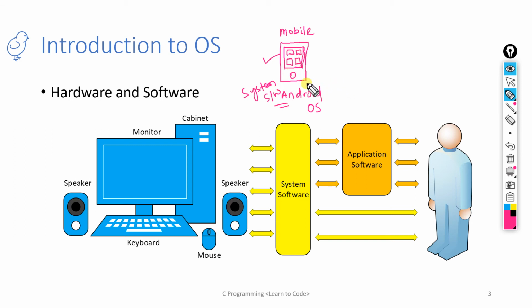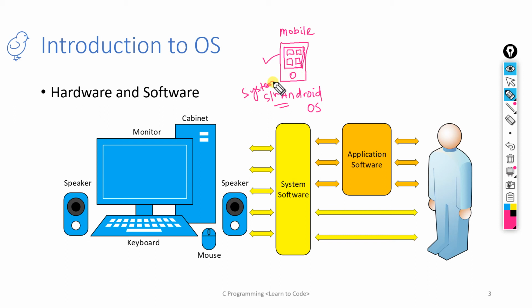Okay. So after you buy the mobile, you want some specific application to run. Like if you want to run your banking application, let's say you are using Axis Bank and you want to do some transactions, you have to install the Axis Bank application.